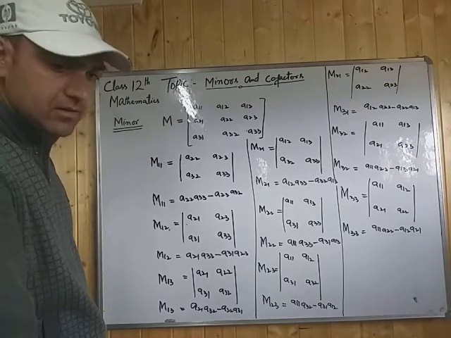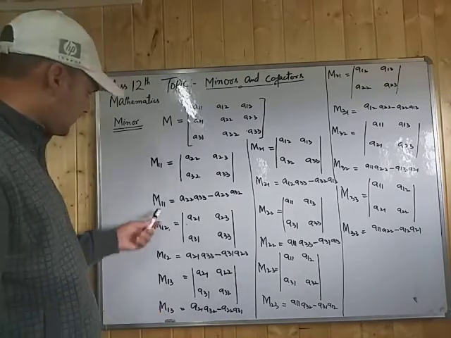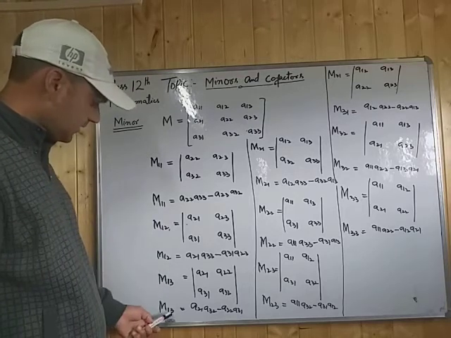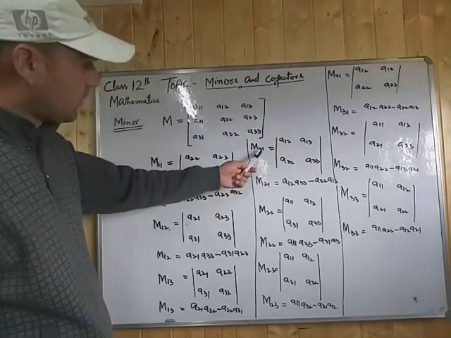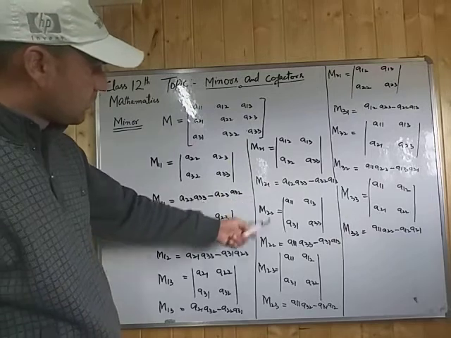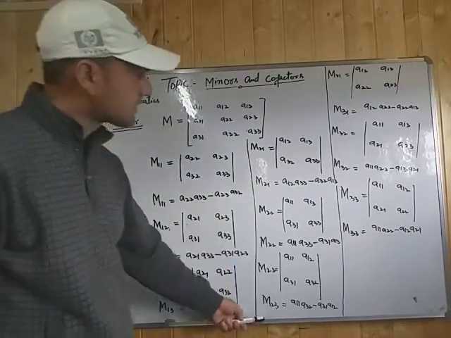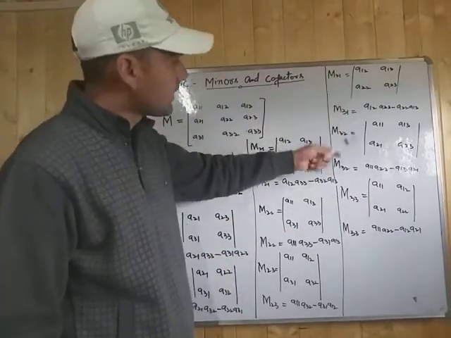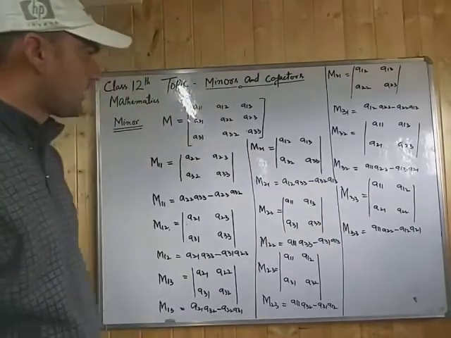We have here 9 minors: first, second, third, fourth, fifth, sixth, seventh, eighth, and ninth minor.